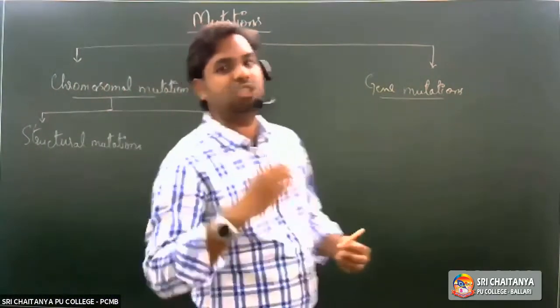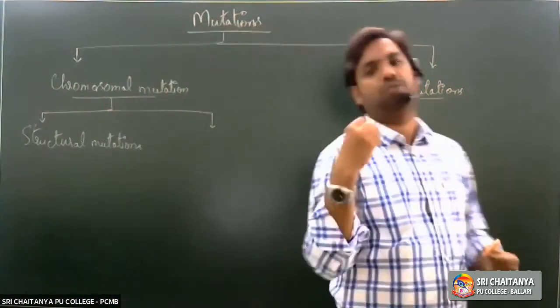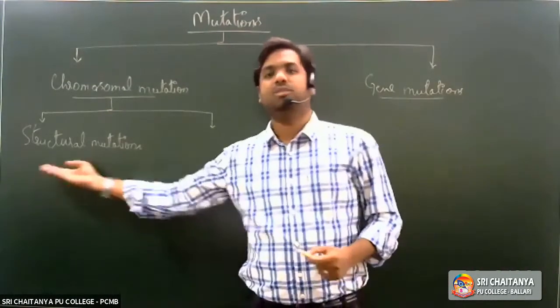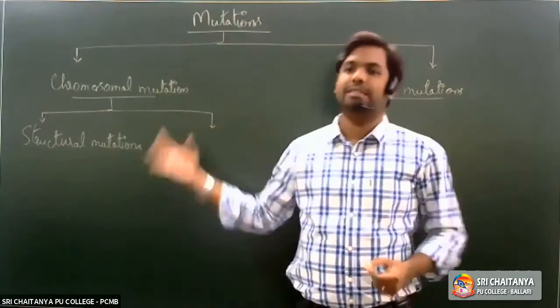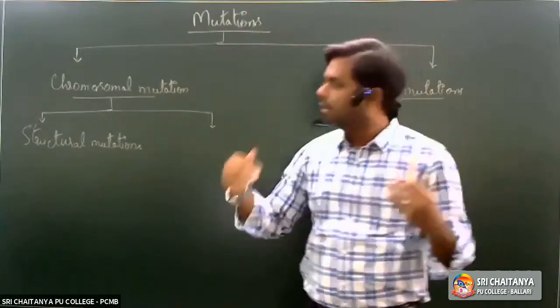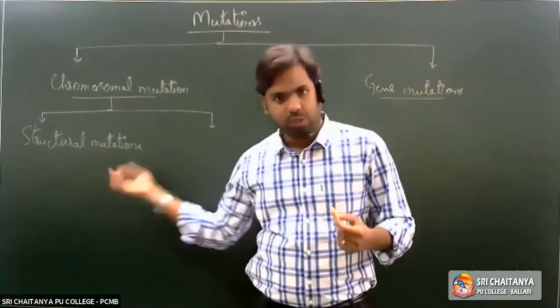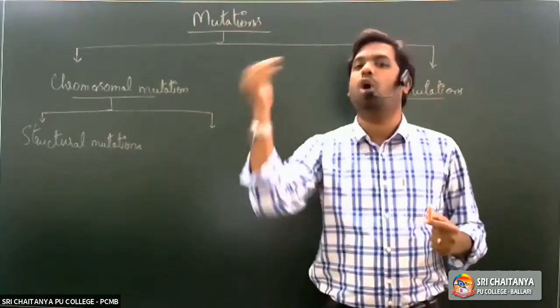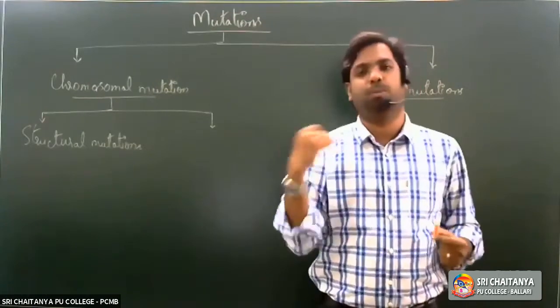Right. So if there are changes happening in the structure of the chromosome, such mutations we start calling structural mutation. The second type of mutation under chromosomal mutation is where there could be an increase or decrease in the chromosome number.